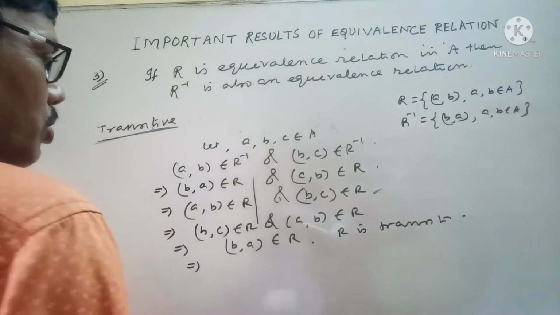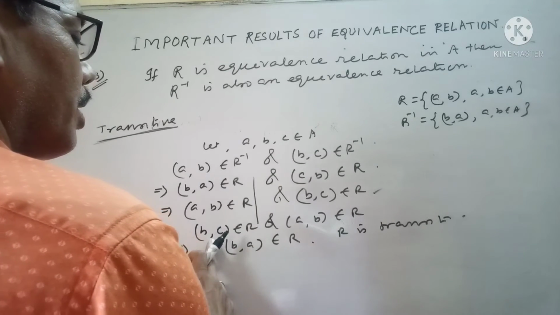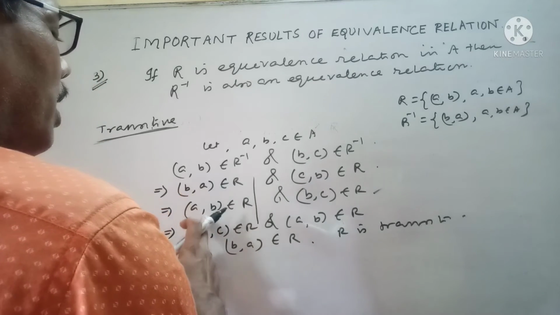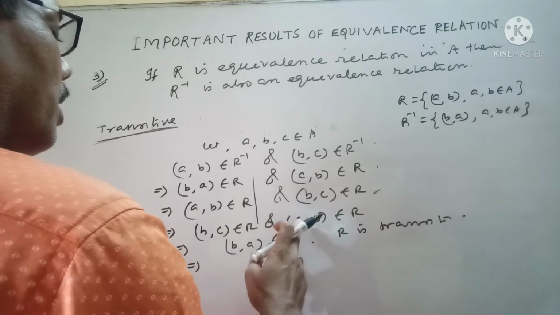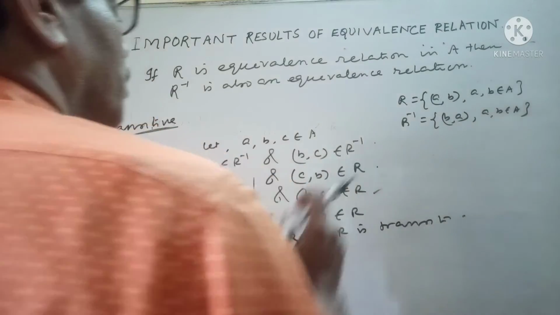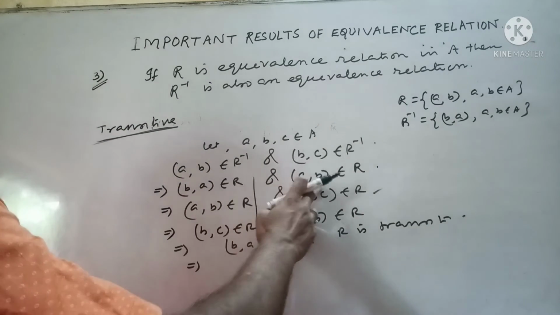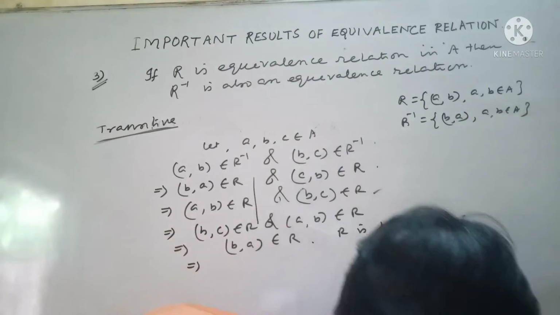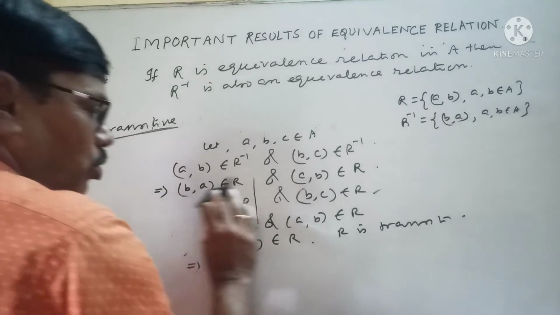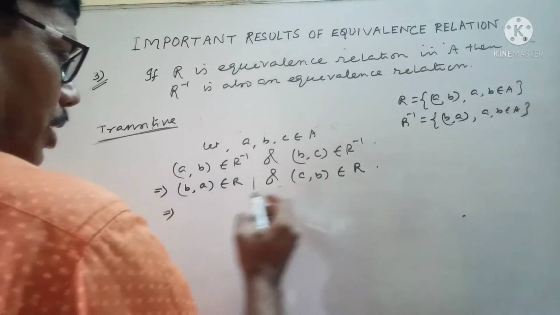So BA belongs to R. Right, no need of using the symmetric relation.